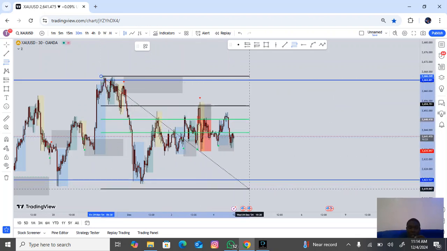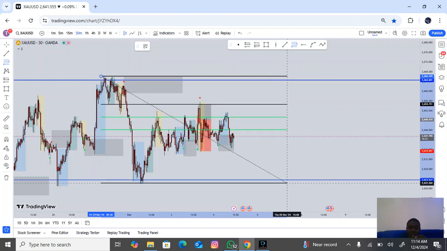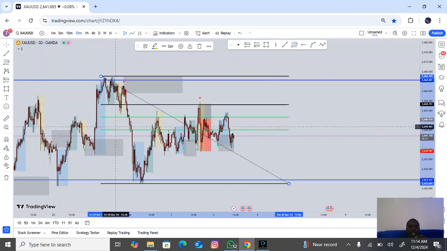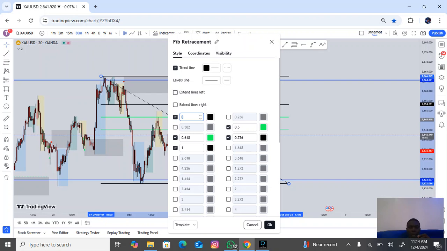As you can see, this is how to draw it from the recent high to the recent low. Now, these are the levels right here. This is the 0.5, which is the middle. This is the 0.6, and this is the I think 0.7. I have to put them back. Let me just quickly put them back.